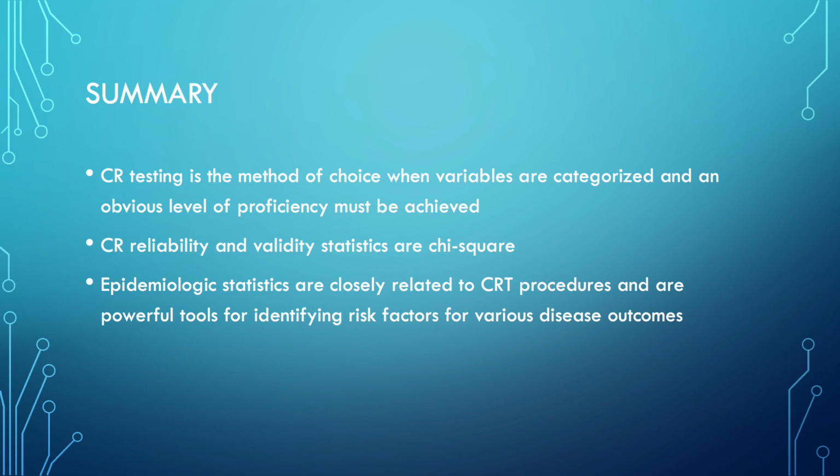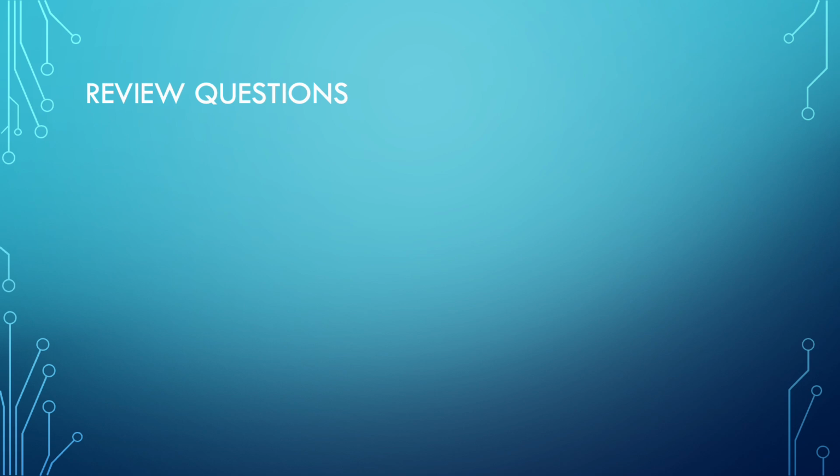And epidemiologic statistics are closely related to criterion reference test procedures and are powerful tools for identifying risk factors for various disease outcomes. The following slides are some review questions for the totality of these chapters.